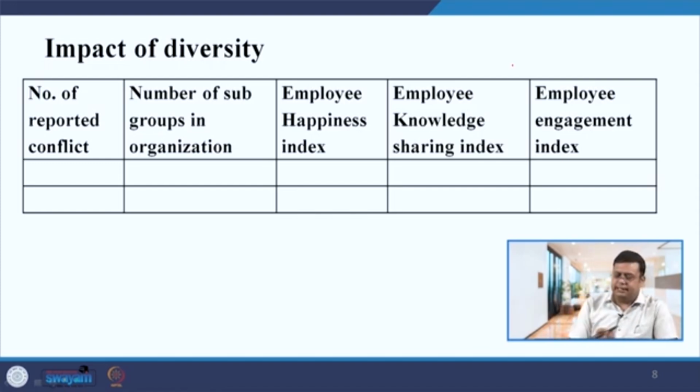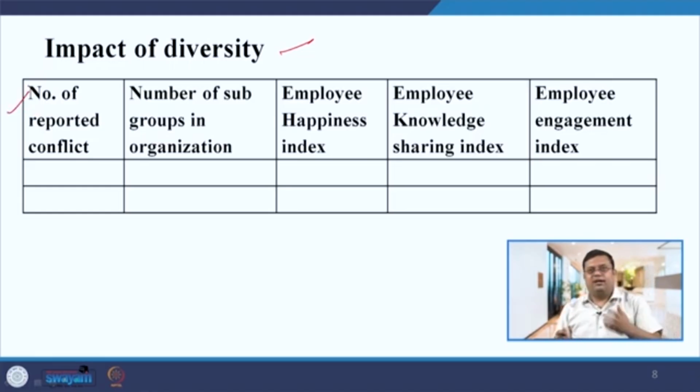So, how can you check the impact of diversity? Number of reported conflicts, right. In an organization, if diversity is high and people are fighting with each other, then you see how many complaints the organization has received because of the diversity.